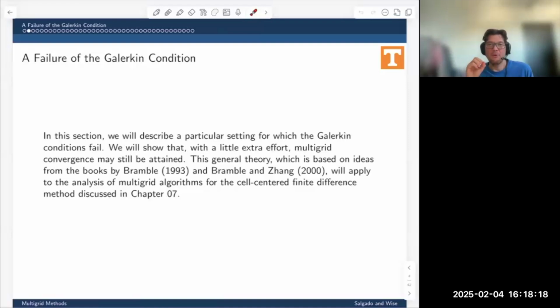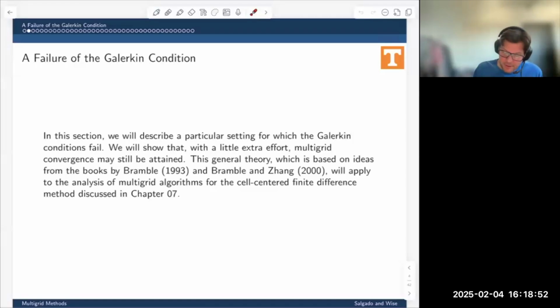Now, this general theory is based on some books by a very famous person named Bramble, Jim Bramble, I think his first name is Jim. He's a long since retired professor who spent many years at Cornell and then moved on to Texas A&M. I'm not sure he's still with us, but he was really well known and really one of the developers of the multigrid theory.